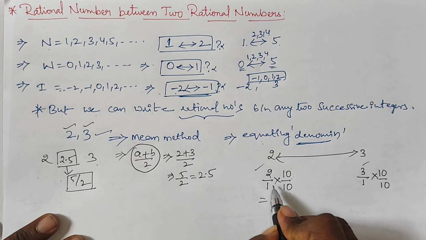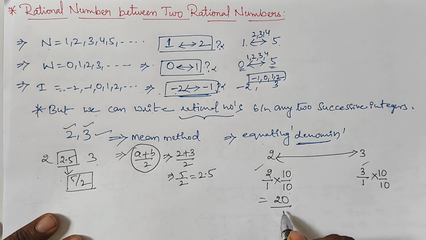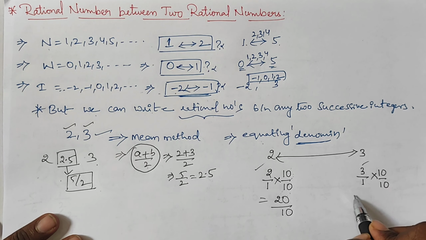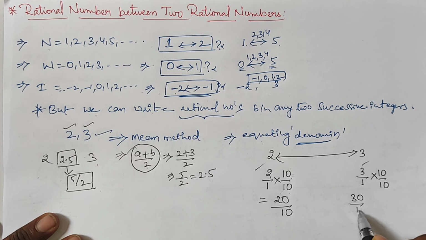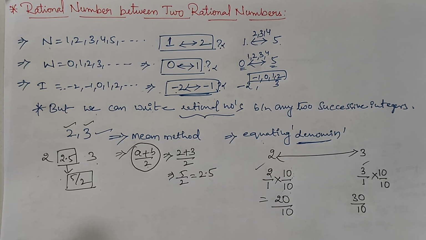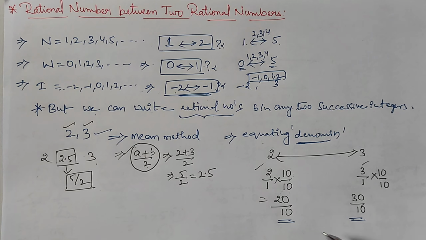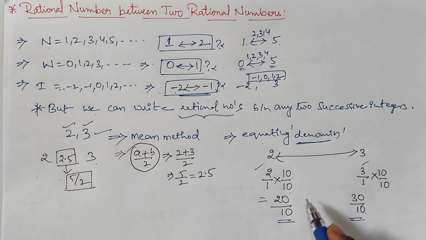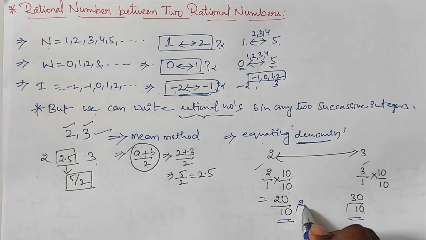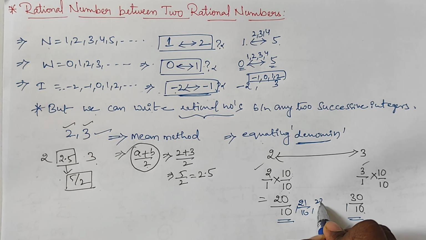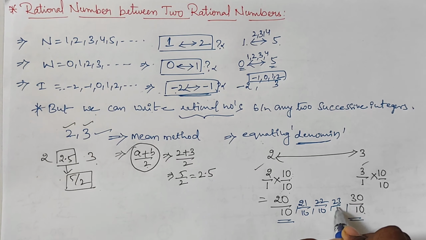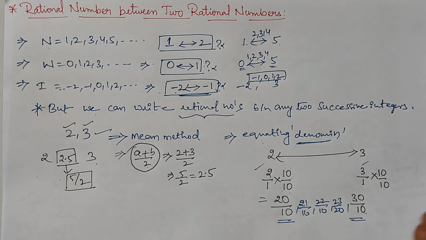Now it becomes 20/10 and 30/10. Observe that the denominators are the same; these are like fractions. Between 20/10 and 30/10 we can write 21/10, 22/10, 23/10, 24/10, and so on.